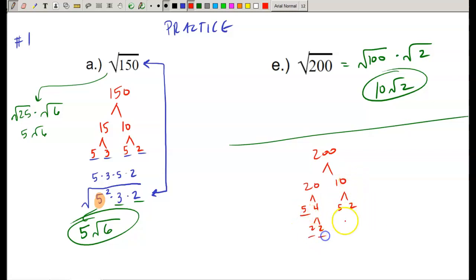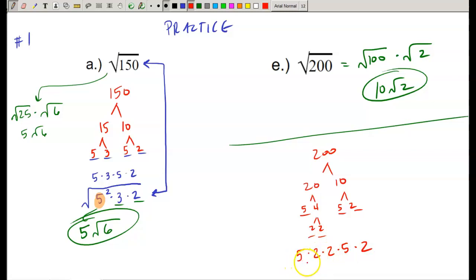So all these numbers are the prime factors, and any pair that we have is going to come outside of the square root. So if I write all these down, 5 times 2 times 2 times 5 times 2, anything that is paired up is going to come out.